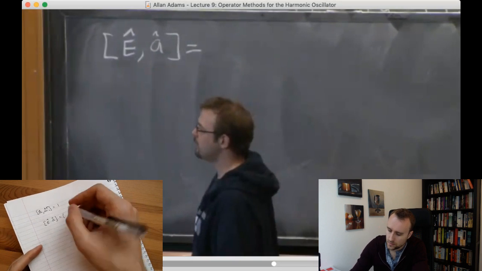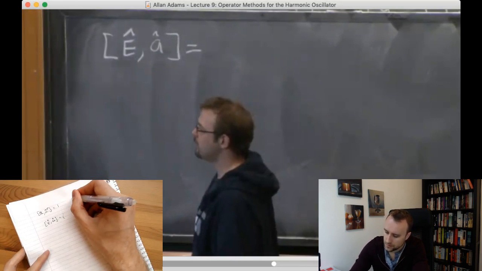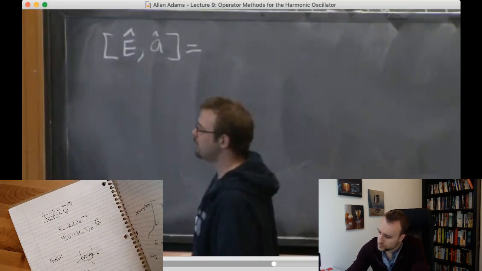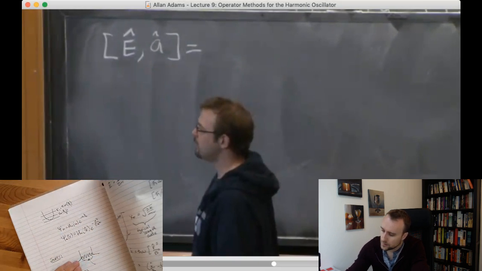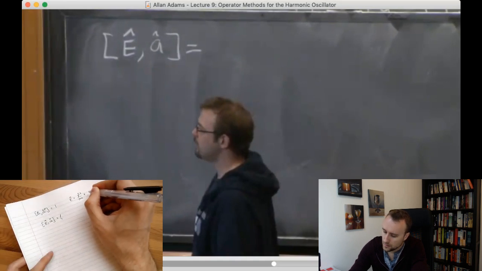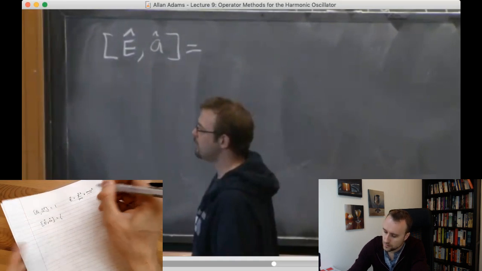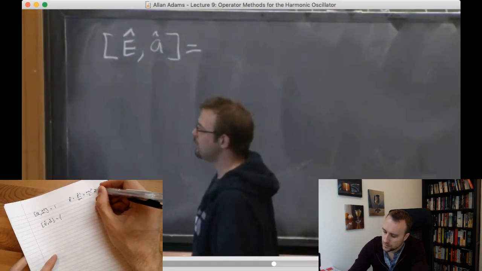E hat is equal to P hat squared over 2m plus m omega squared over 2 x hat squared.